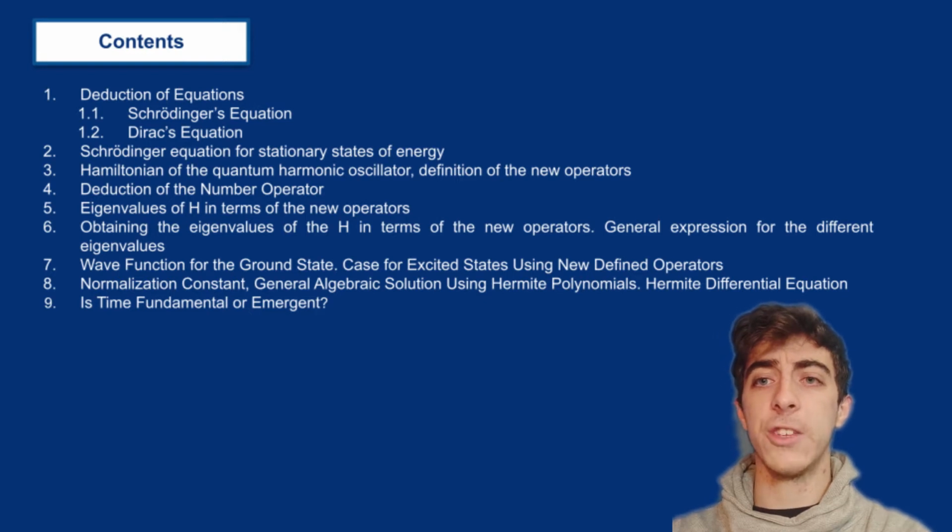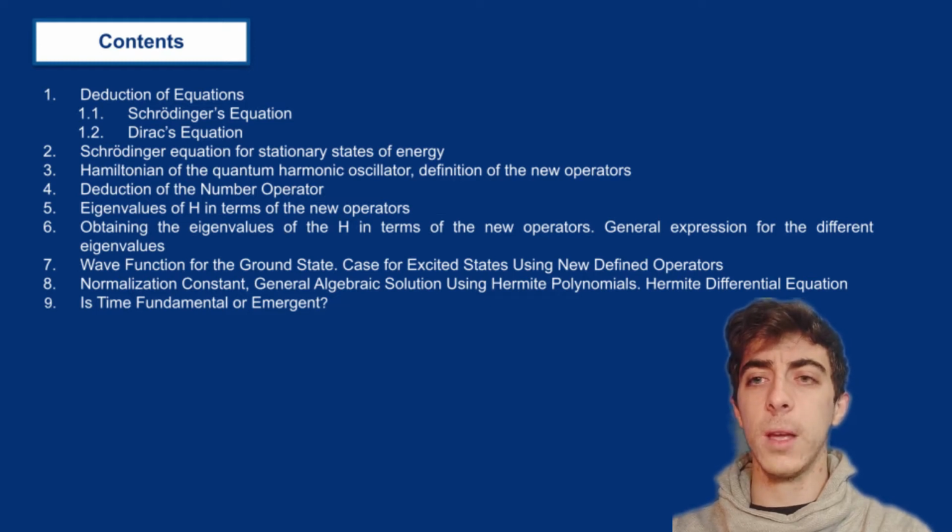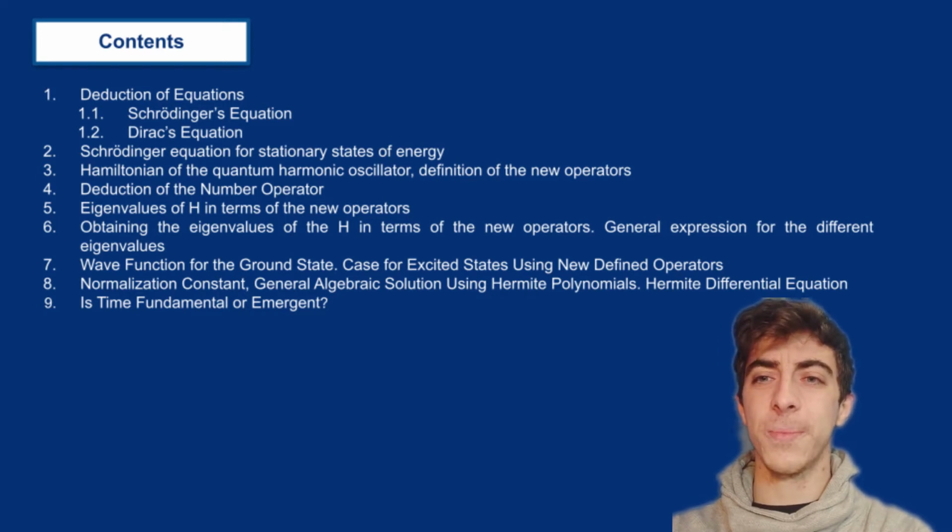After that, we will find a general expression for these eigenvalues, and later on, we will explore the wave function for the ground state. And then finally, we will use the Hermite polynomials to find an algebraic solution to the quantum harmonic oscillator.